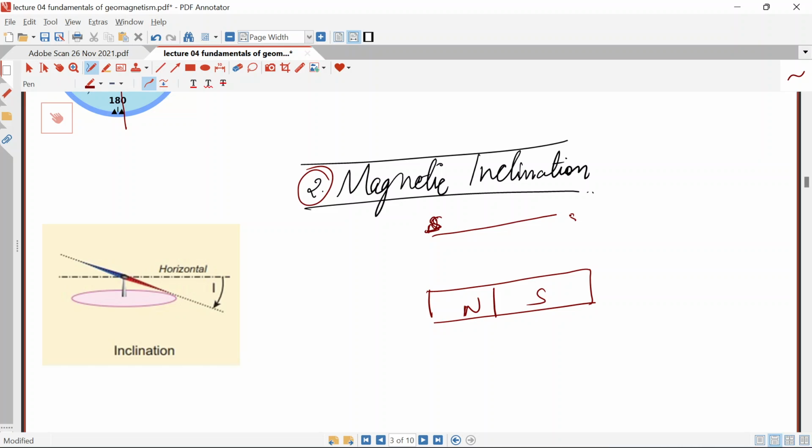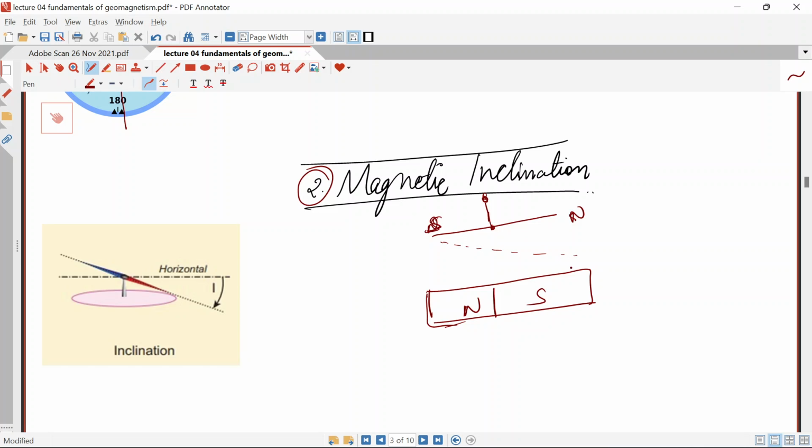This is south and this is north. If you hang this needle in air, tied with a string, and bring it near this magnet, there is an attraction. So it slightly deviates like this.